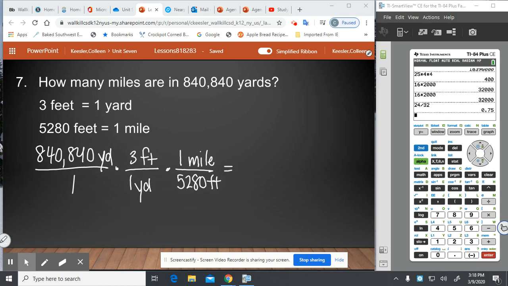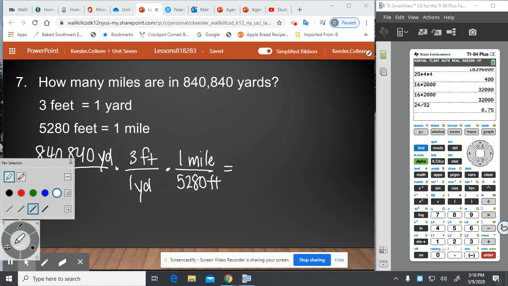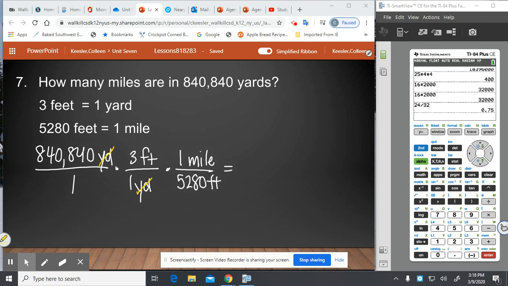And now I should have enough there that I can cancel out the units that I don't want. Yards cancel out and feet cancel out because they're diagonal from each other, leaving us with miles. And now we can multiply across. So 840,840 times 3 gives me 2,522,520.